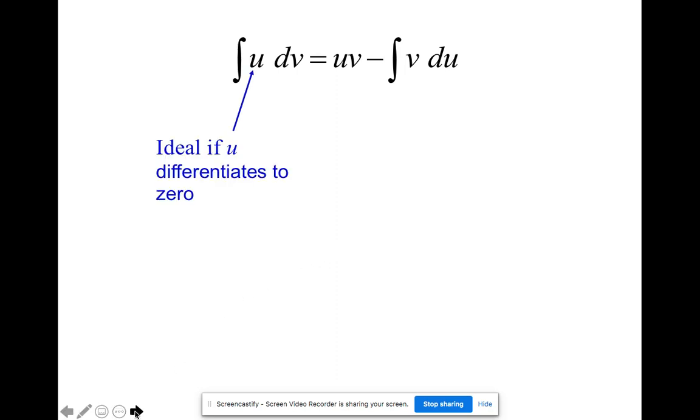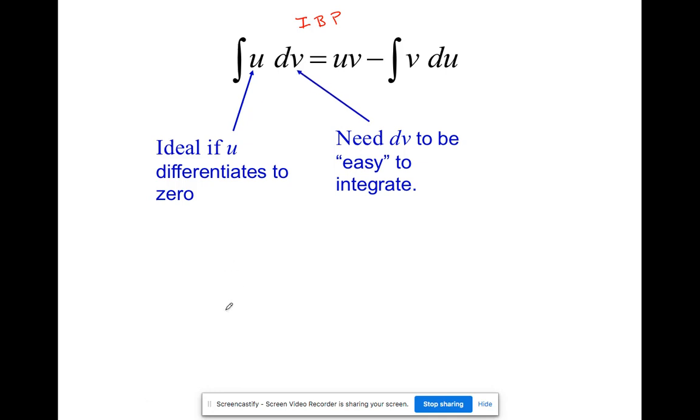So here are some notes to take on when IBP works well. Whatever you're going to call u, it's ideal if it differentiates down to 0, like a polynomial. Whatever we call dv needs to be easy to integrate because I'm going to call it dv and I want to get v by itself.